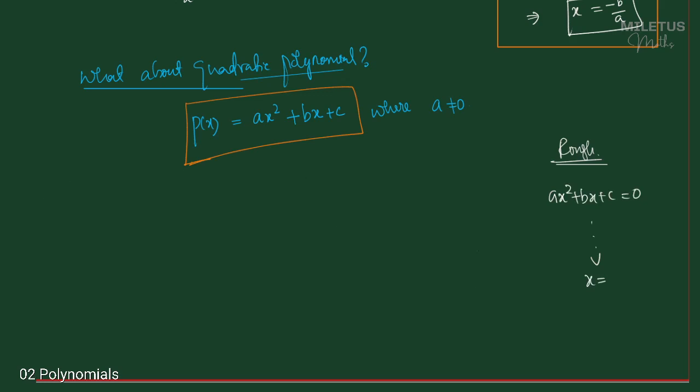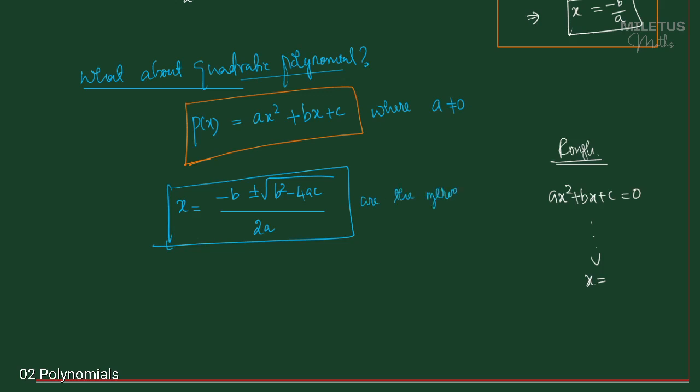If you substitute x equal to minus b plus or minus square root of b square minus 4ac divided by 2a, that will be giving you the zeros of Px.